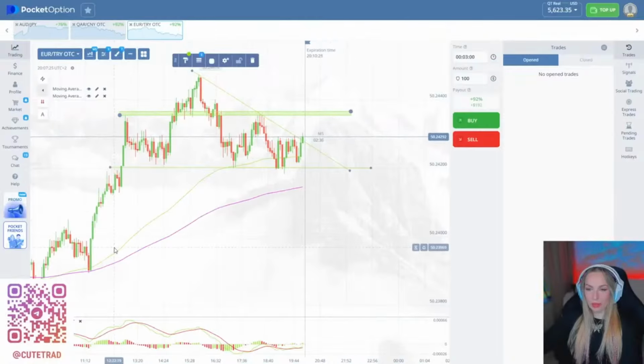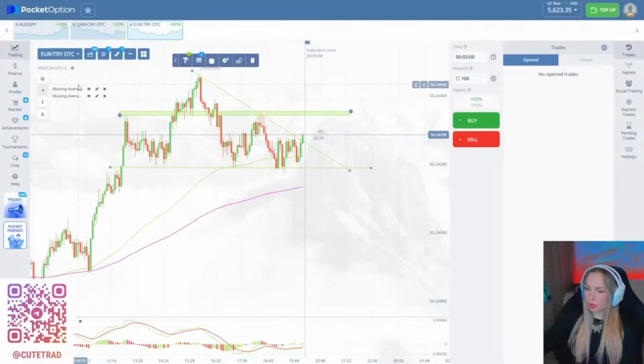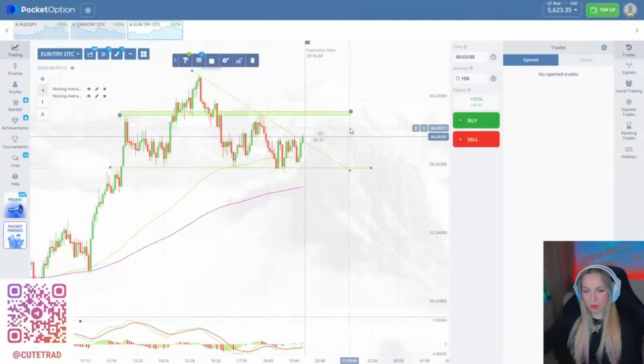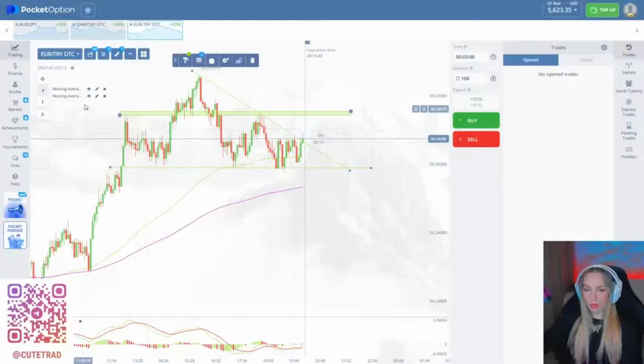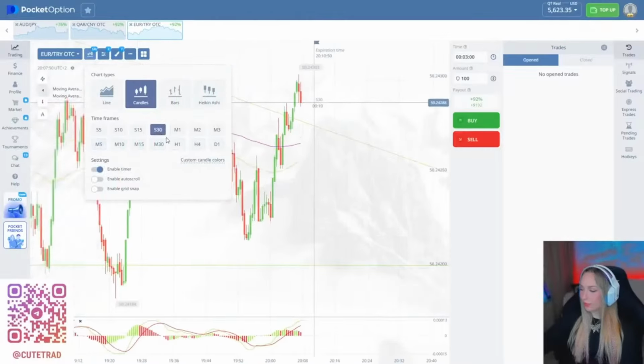There is the resistance zone, and our price can reach until here and then start going down. We can also open a trade here in the downward direction. Now we know that the next level our price will reach is probably this one, or maybe even here, but I think it will go higher.